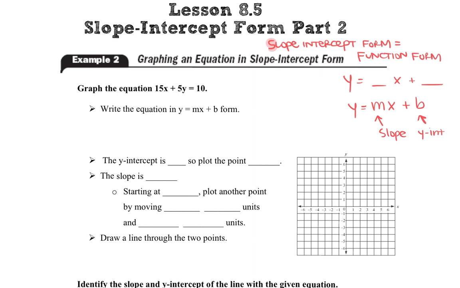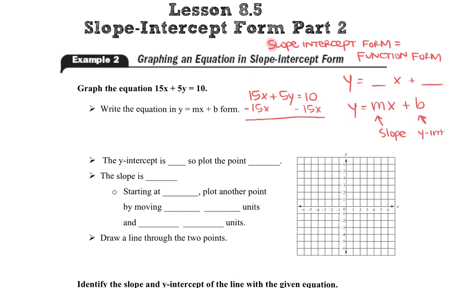So let's take this first equation where we have 15x plus 5y equals 10. And if my goal is to get y by itself, then I need to move the things away from the y. And so just like we've practiced before, I'm going to start by subtracting 15x.